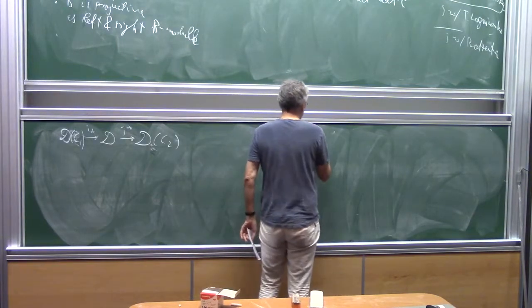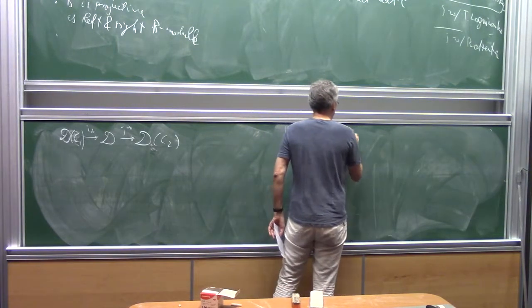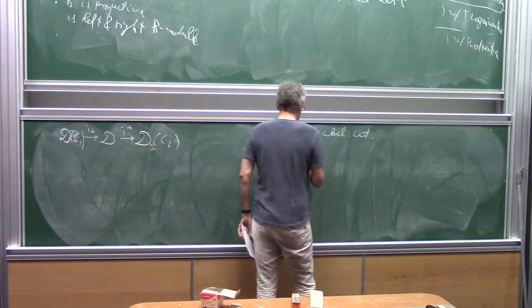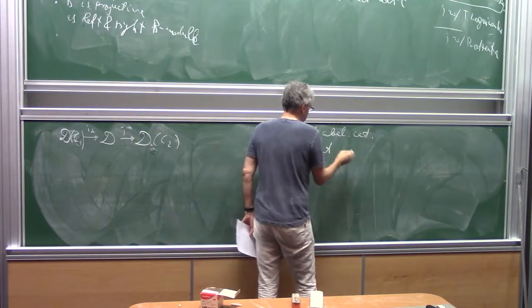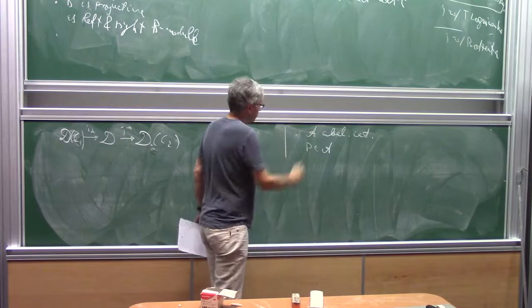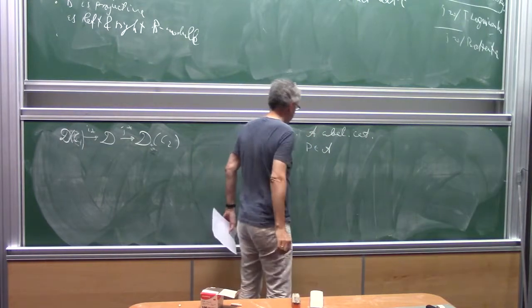So you have an abelian category A. An object P in A is called projective. Well, everybody knows it means there is no Ext from this object to any other object.